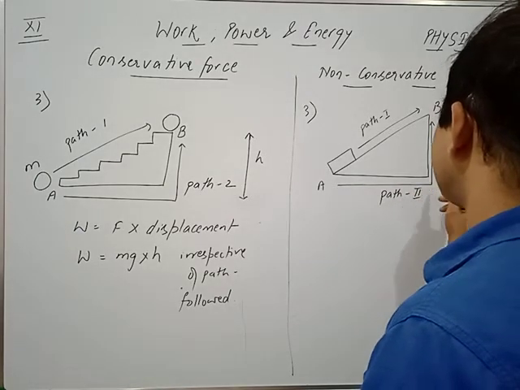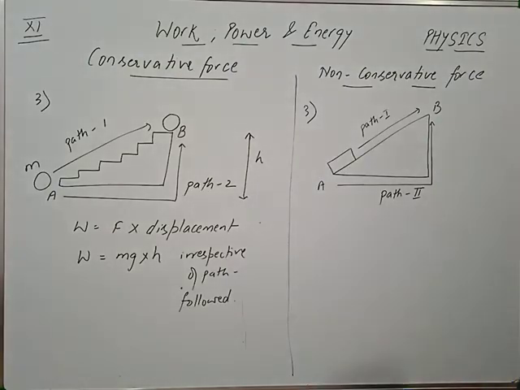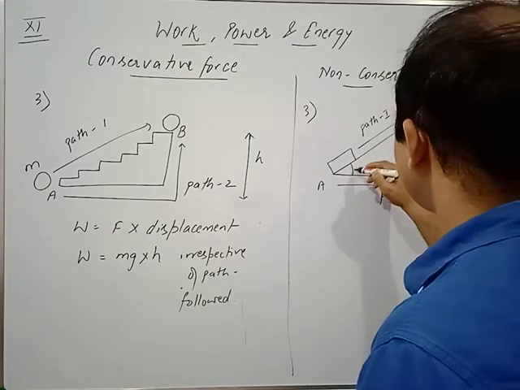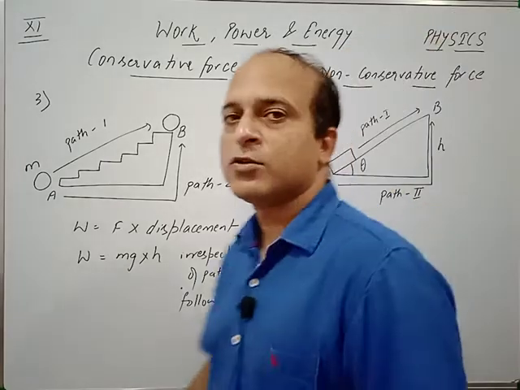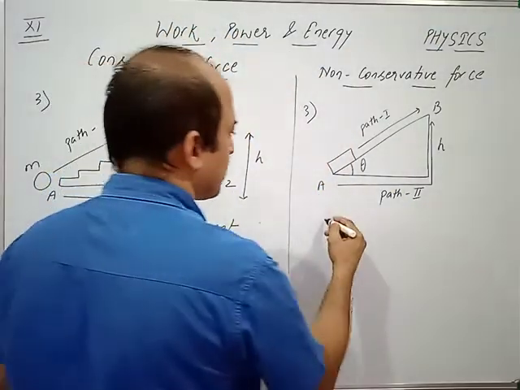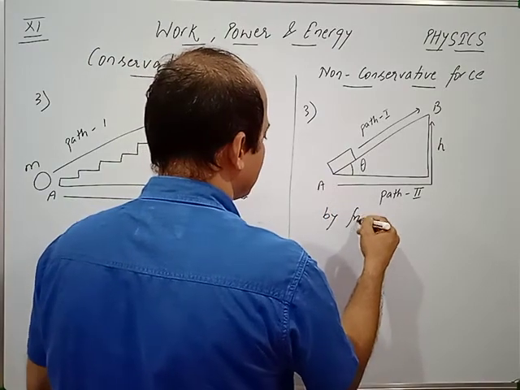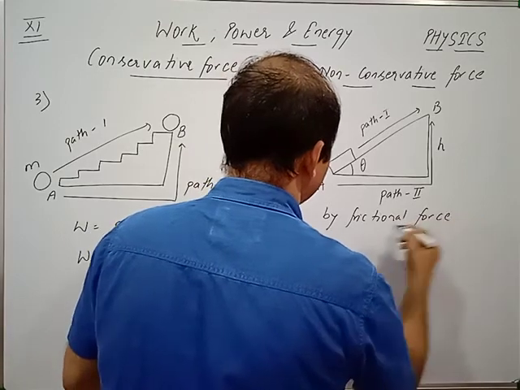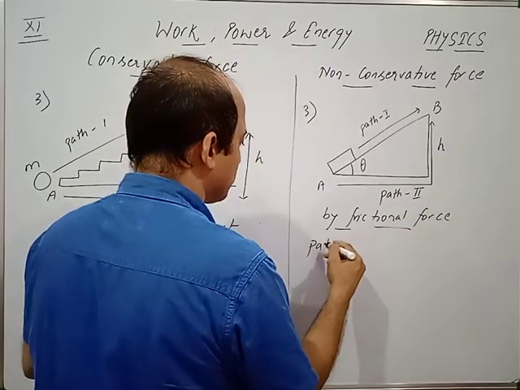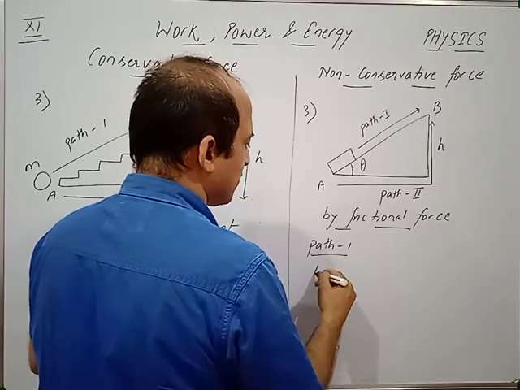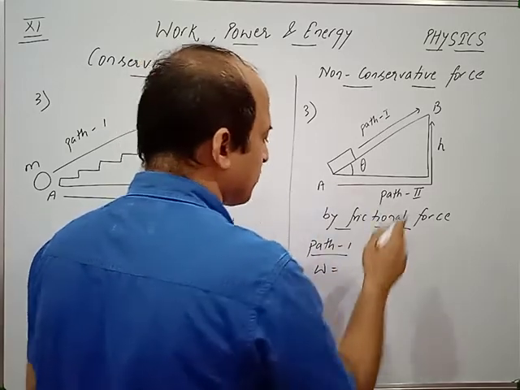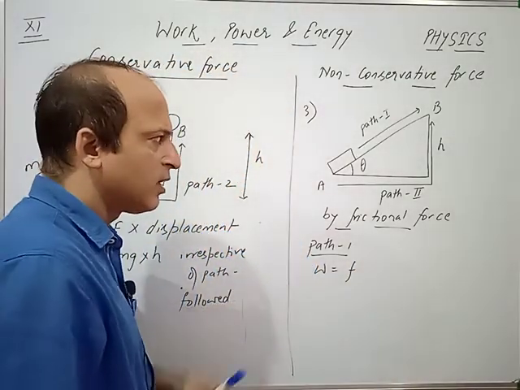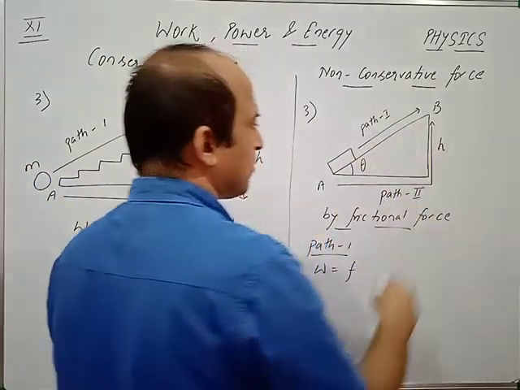Now you know in both cases the work done is going to be different. If I say h is the height of the incline and theta is the angle made by the incline, then work done by the frictional force along path 1 will be the force of friction, say F. We are not going to evaluate it, let it be F throughout, right?